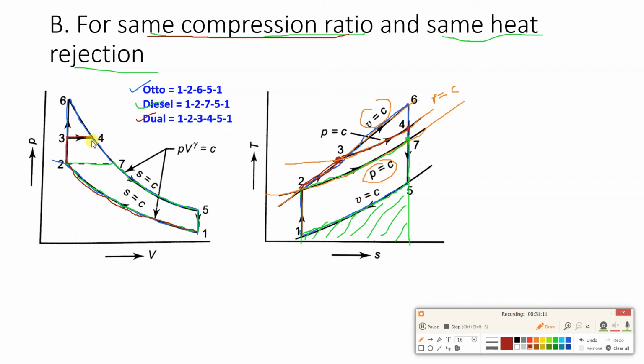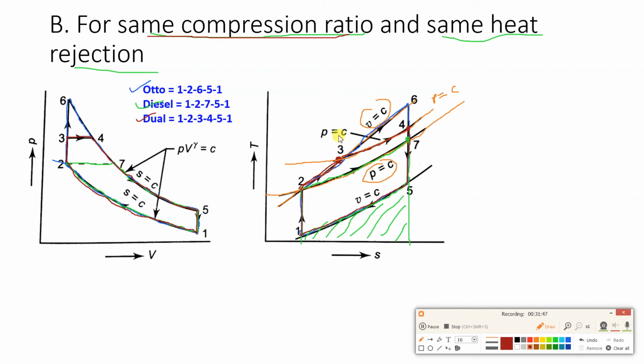Now 4 to 5 is isentropic expansion in case of dual cycle, and 5 to 1 is constant volume heat rejection in case of dual cycle. Again here you will find that the dual cycle is in between, its efficiency is in between Otto cycle and diesel cycle.